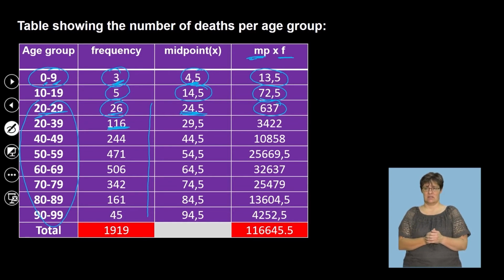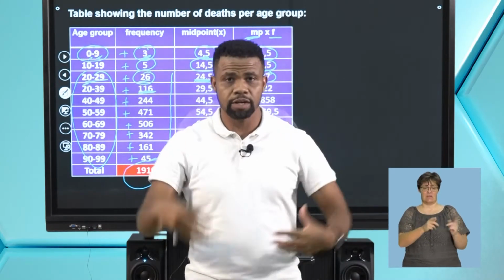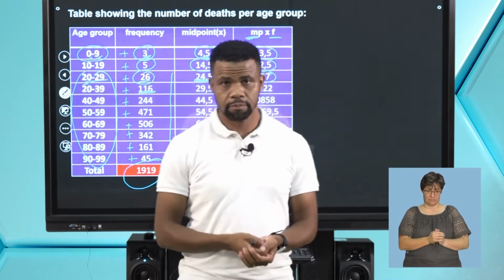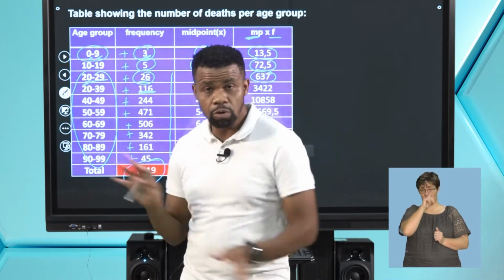Now we add the total frequency, all the frequency. If you add all the frequency, which gives us 1919, that is the total number of people who died from COVID-19 if we add everything. Remember, this is not the whole year.